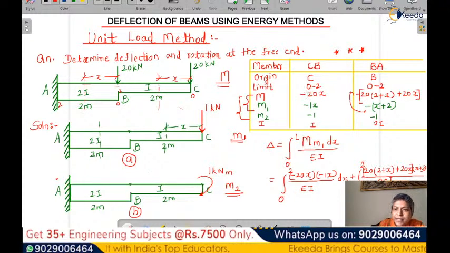That means minus 20x into minus 1, and this whole portion into minus 1.